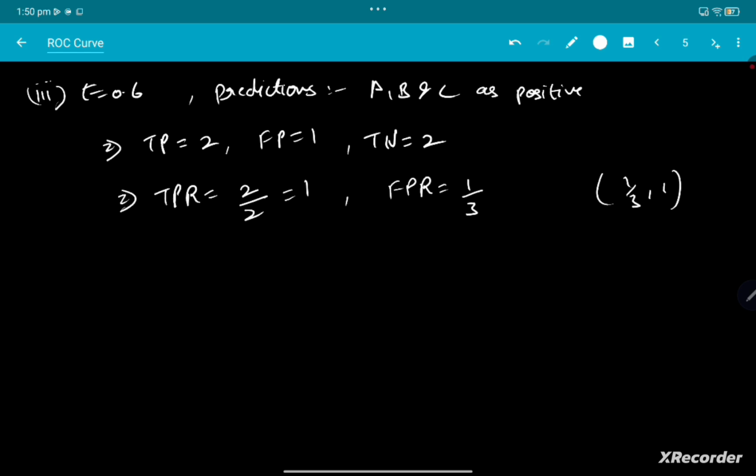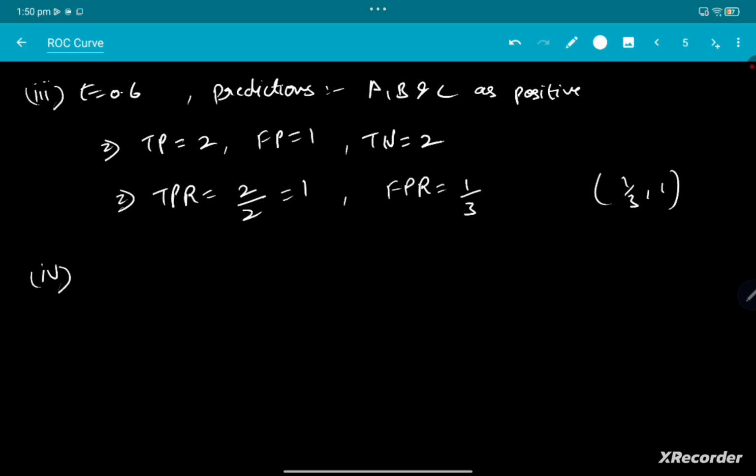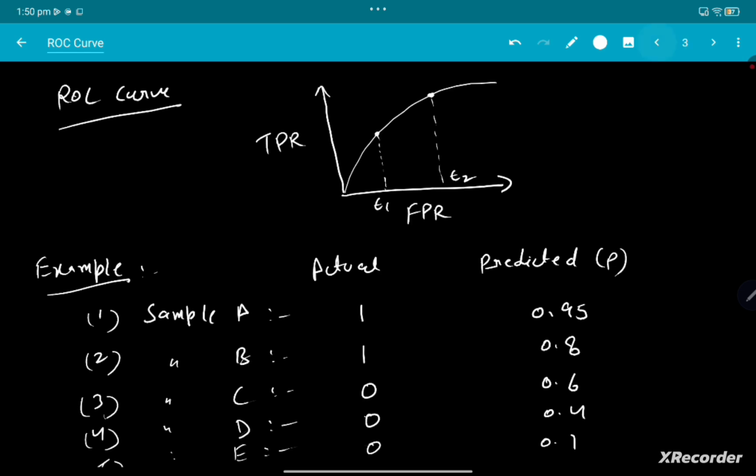Now let us further reduce our threshold to t equal to 0.4. So when we lower our threshold, A, B, C and D will be predicted as positive, but C and D are actually negative, so we have two false positives.